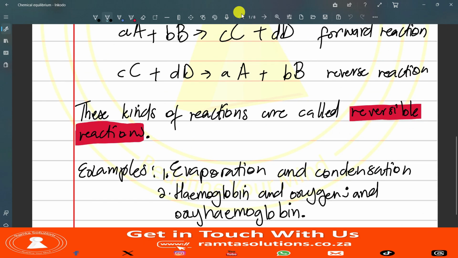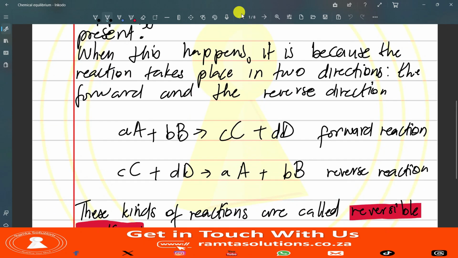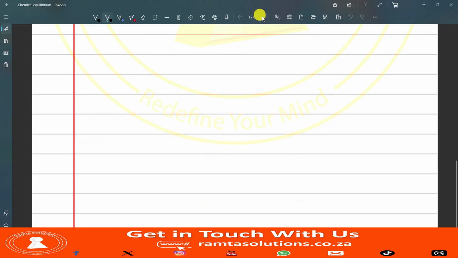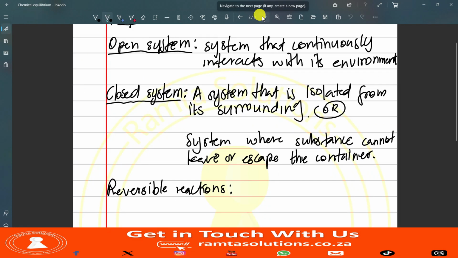As you can see, it is because the reaction takes place in two directions. There is the forward and the reverse reaction. So this tells us that a reversible reaction takes place in both directions.